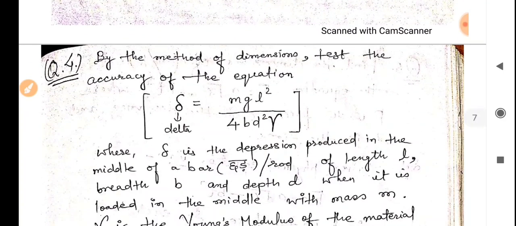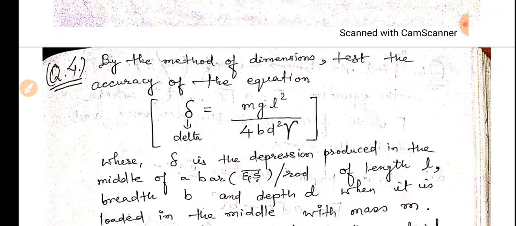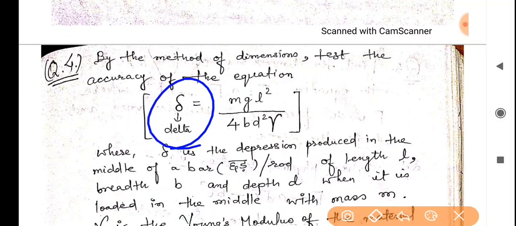Next, question number 4. By the method of dimensions, test the accuracy of the equation. This is delta. Delta means depression here in this particular question.